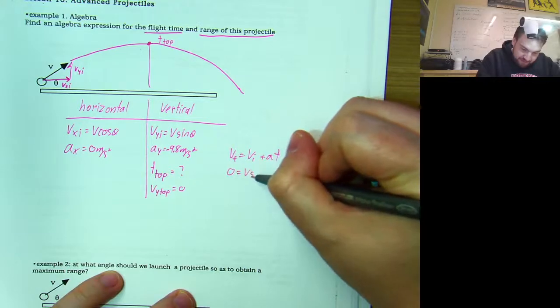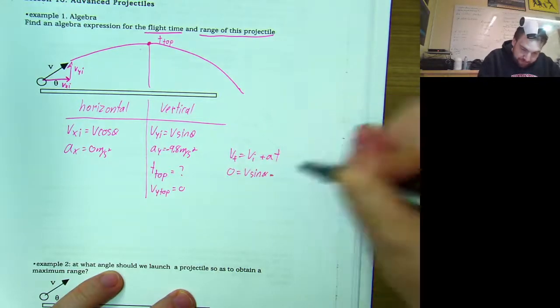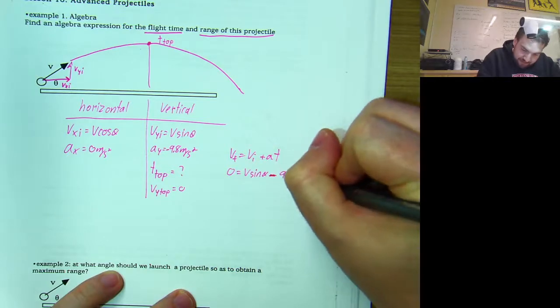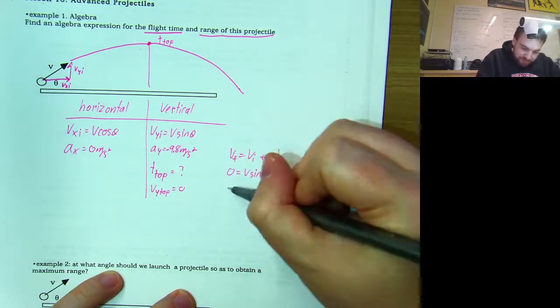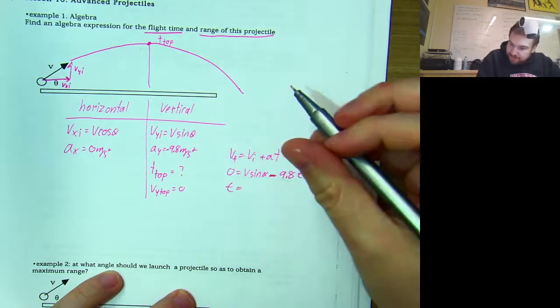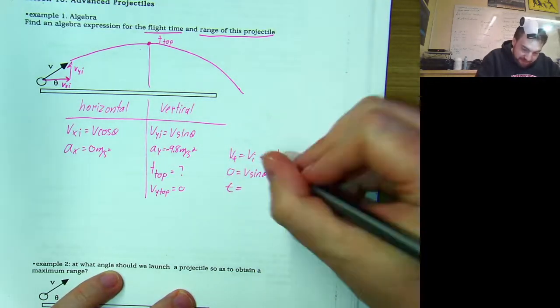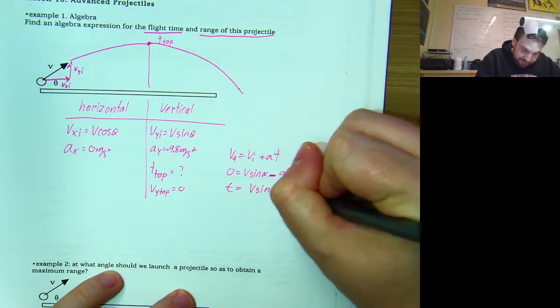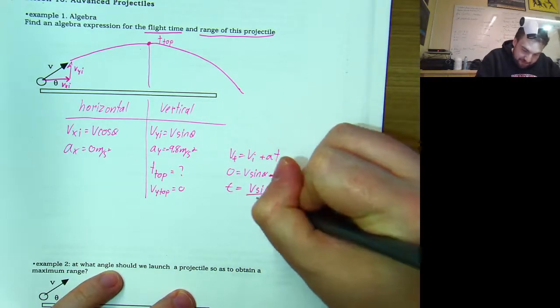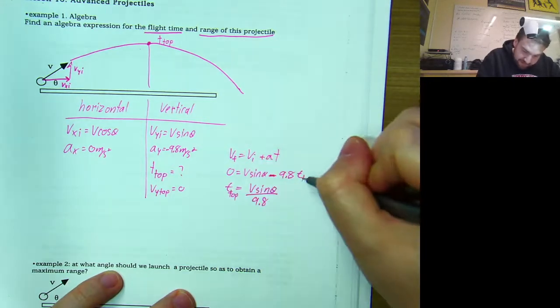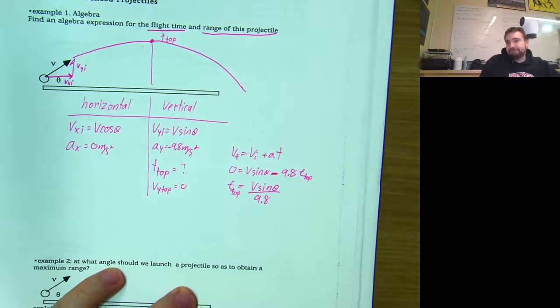Vi is V sine theta minus 9.8 t. So we're going to get that t is equal to negative V sine theta, and then we divide by negative 9.8, giving us V sine theta over 9.8. Because they're both negative, the negatives cancel. And this is the time to get to the top.